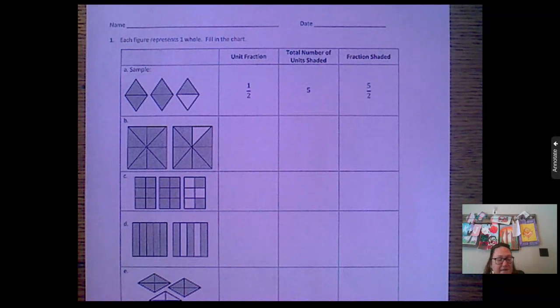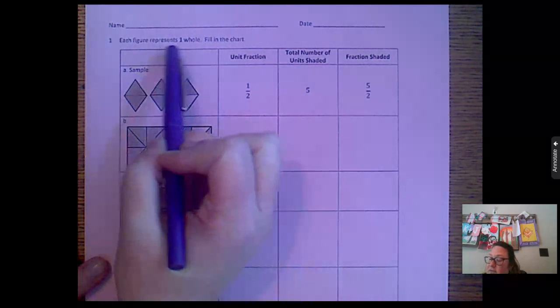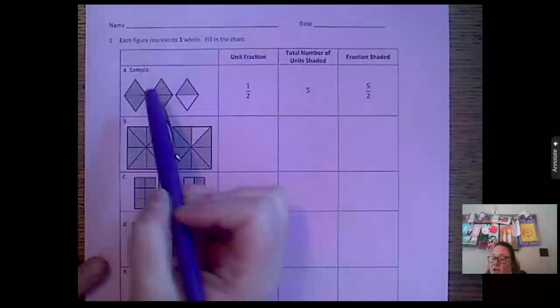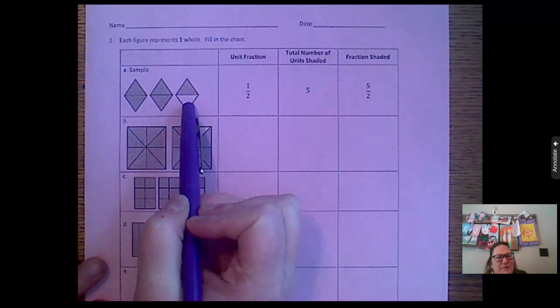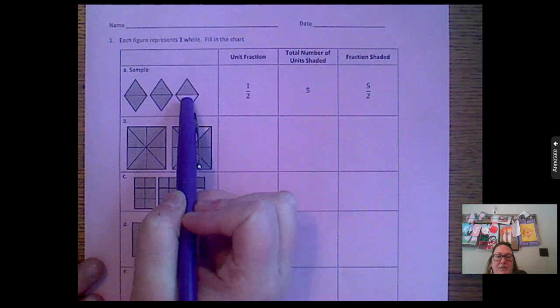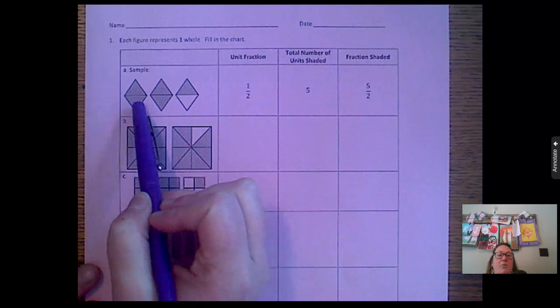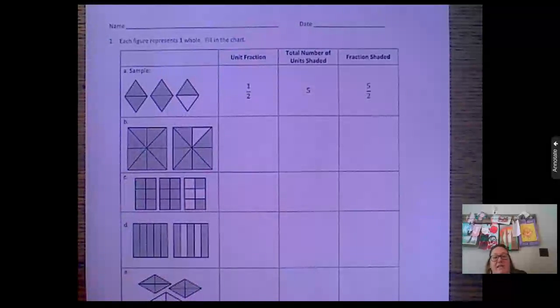If I look at my first example, the directions say each figure represents one whole, fill in the chart. So if we look here, there's a whole, and this one's not a whole. This would be a half, right? Because 1 out of 2 is shaded in. Since these pictures represent a whole, I'm going to take 3 sticky notes. 1, 2, 3.